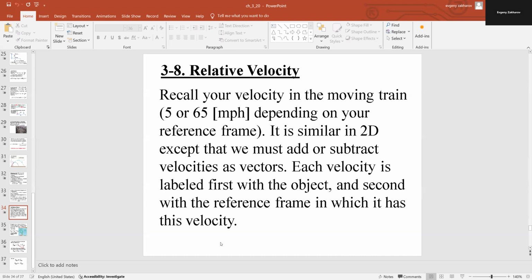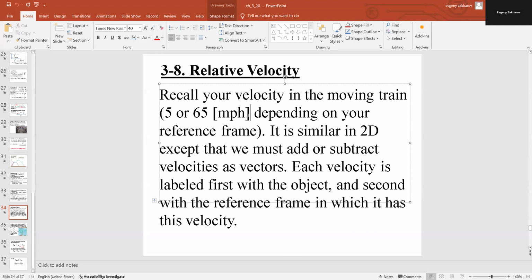So we have a problem with measuring velocities because remember, you can be on the train moving at a certain rate in a certain direction, or you may be just standing on the ground looking at the passing train, and then it's going to be a different result. If you're on the train and you're just chilling, and the reference frame is the train itself, you're not really going anywhere.